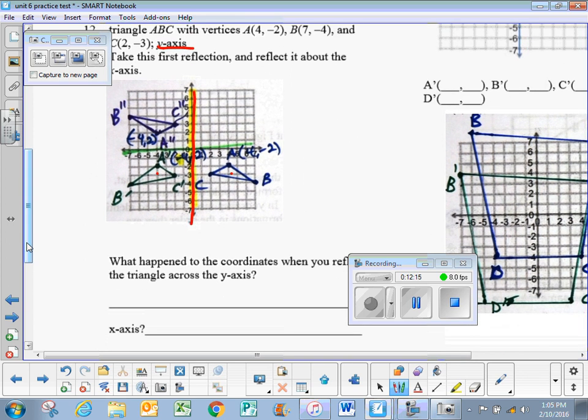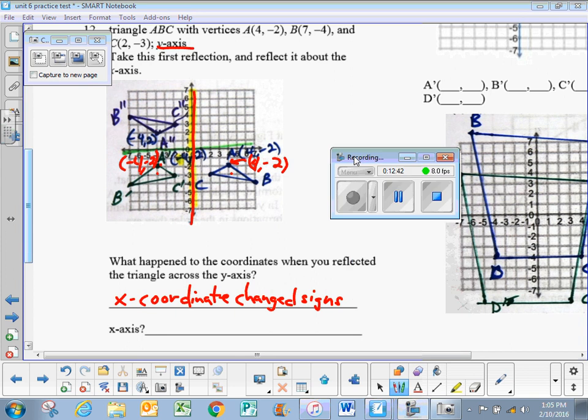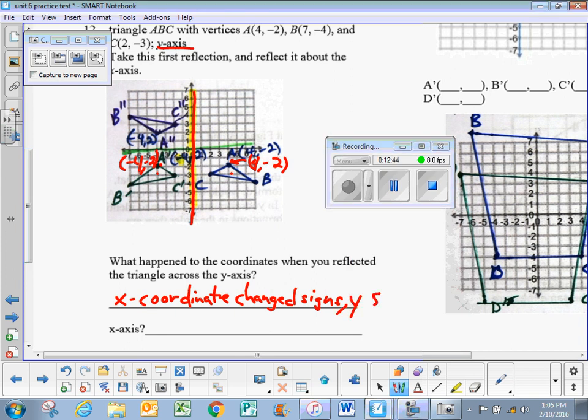Well, it went from 4, negative 2, so this right here is 4, negative 2, and it became negative 4, negative 2, right here. What changed? The x-coordinate changed signs, right? What happened to the y? The y stayed the same.